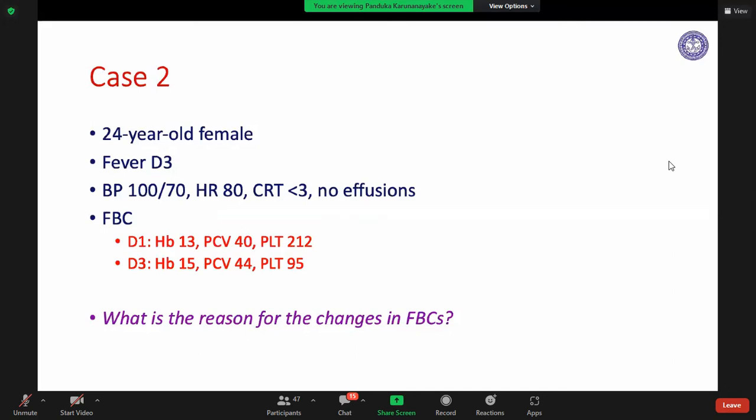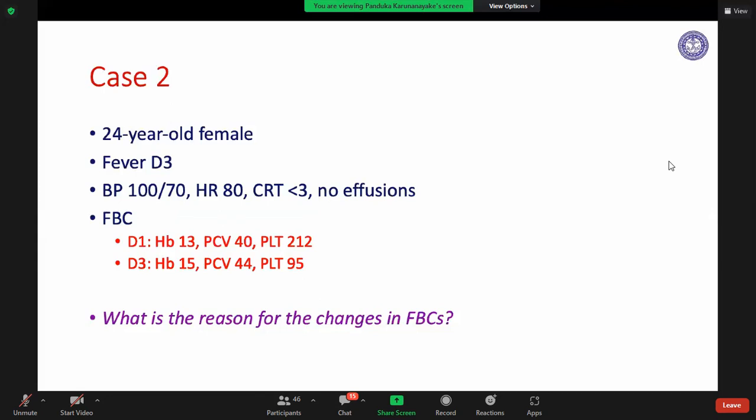This is actually the reason why I asked which year you are, because you should have seen dengue cases in the wards. I don't know whether it's because of COVID-19 or some other reason that you have not seen enough patients in the wards. But if you have, you will know that many patients come to the ward and get admitted, and we monitor their count just in case they get a critical phase, and their counts drop to 80,000, 70,000, sometimes 50,000, and they never get a critical phase.